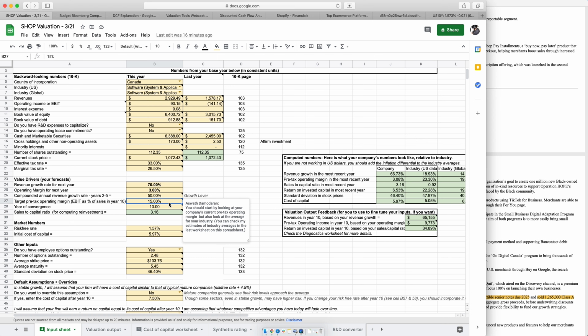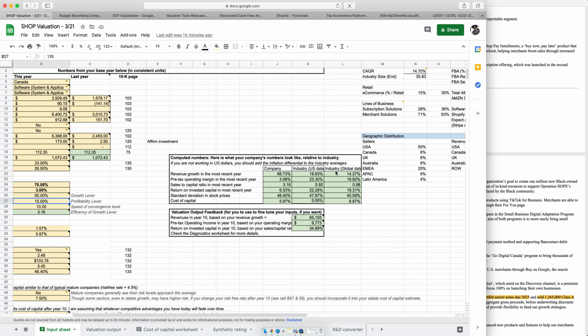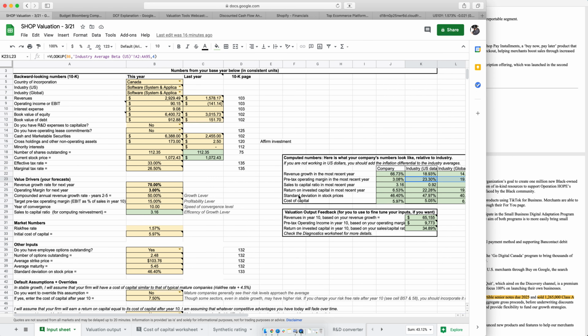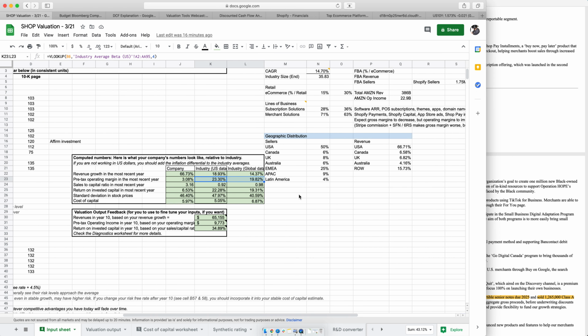I didn't set it at 20%, but instead lowered it to around 15%, because I'm thinking about Shopify and the split of the business. Mostly it is a software company, but they do have some things that will ultimately drag their operating margin a little further down.